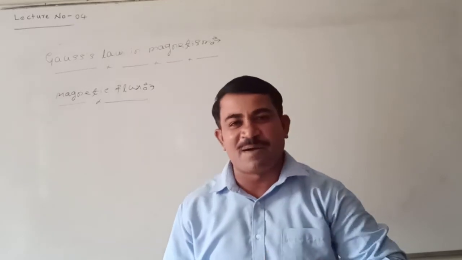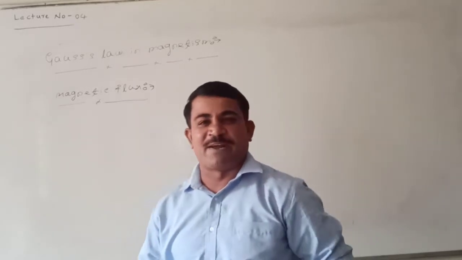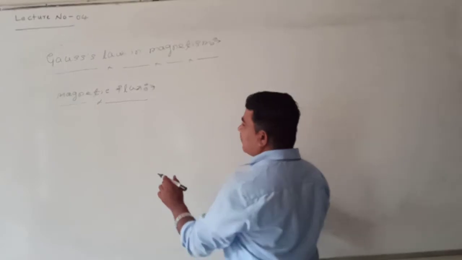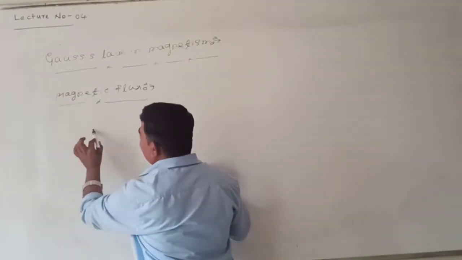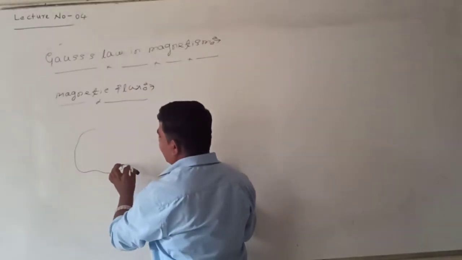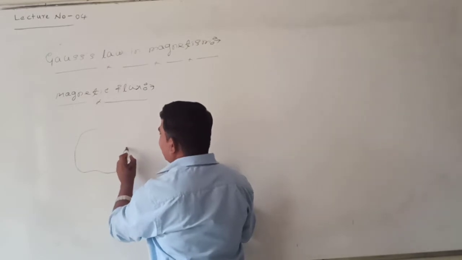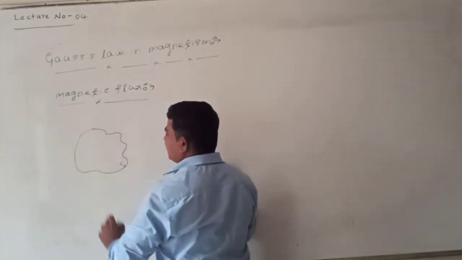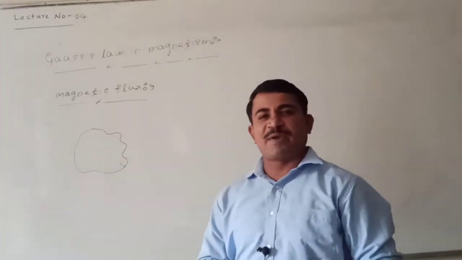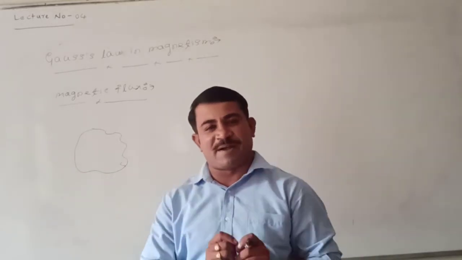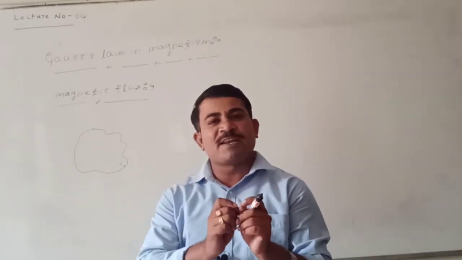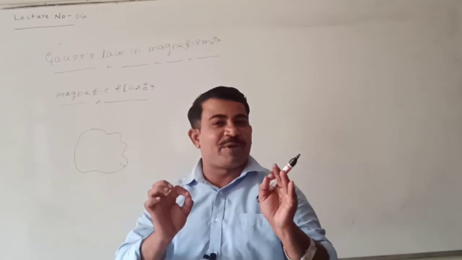So what is the meaning of magnetic flux? Simply, I will explain now. See here, I can take a closed surface. A closed surface means you can take a Gaussian surface. On this closed surface, if you take a very small area and from that area we draw a perpendicular line, that becomes the area vector.